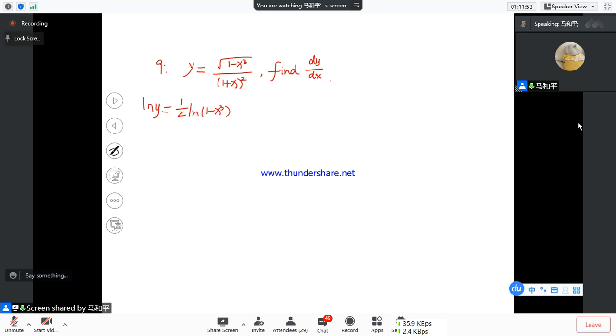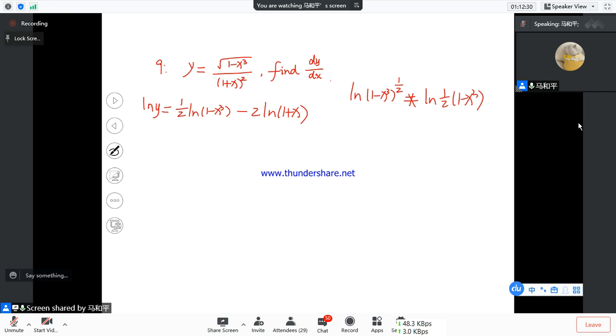But here, if you write minus 2 ln (1 plus x), this means (ln (1 minus x cubed)) to the power 1 over 2, which is not equal to 1 over 2 times ln (1 minus x cubed). You should be careful. This is wrong. 1 over 2 is right in the front here.